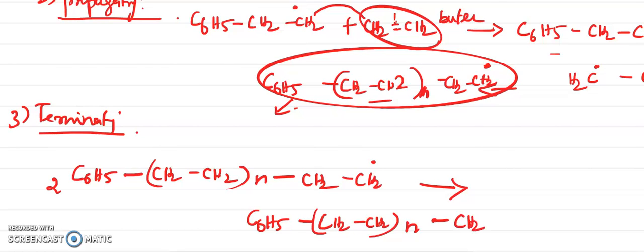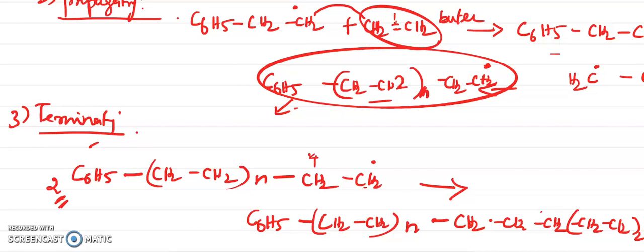Then, as I said, there are 2 molecules we are taking for the terminating step. Then you will get 4 number of CH2 here. Am I right? So CH2 and CH2. Correct? Yes. So this is the way it will go on. Then again you just add the n number of molecules here. So this is the way the last terminating step will be.